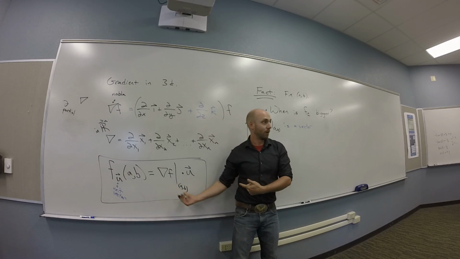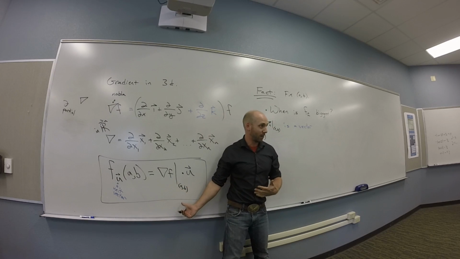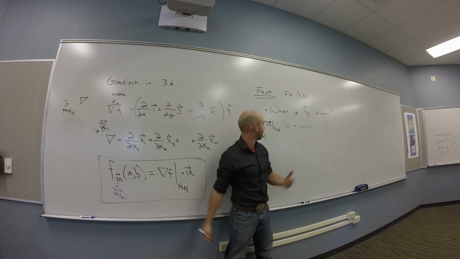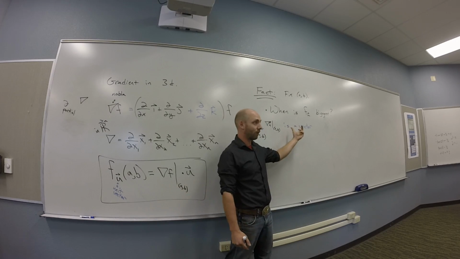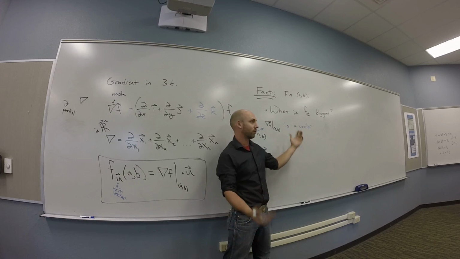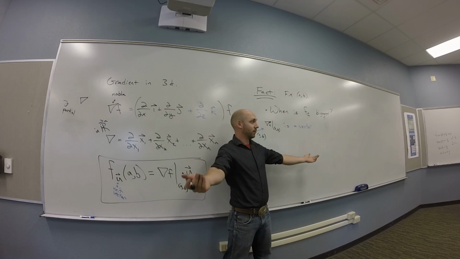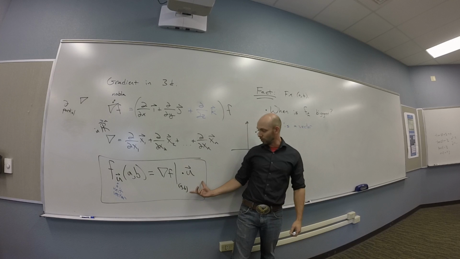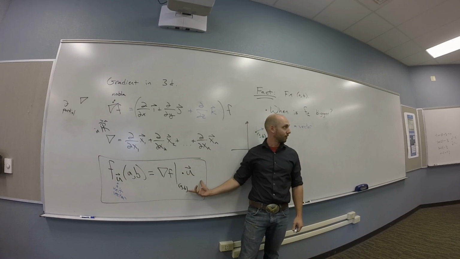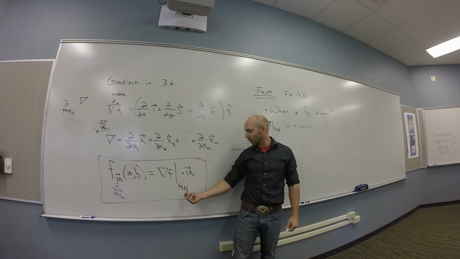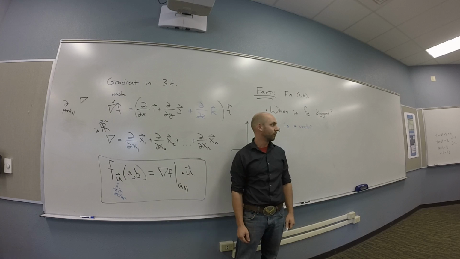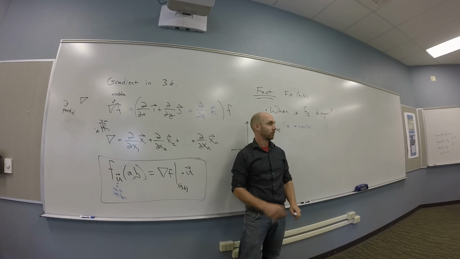I would take the partials, get the gradient vector, evaluate it at the point. That's this blue vector that I've drawn. And then what would I do with the blue vector and the orange vector? Dot them. Like that's what we just said you do with a directional derivative. You take the gradient, evaluate at your point, and dot with the unit vector in the direction you're pointing. You guys all cool with that?